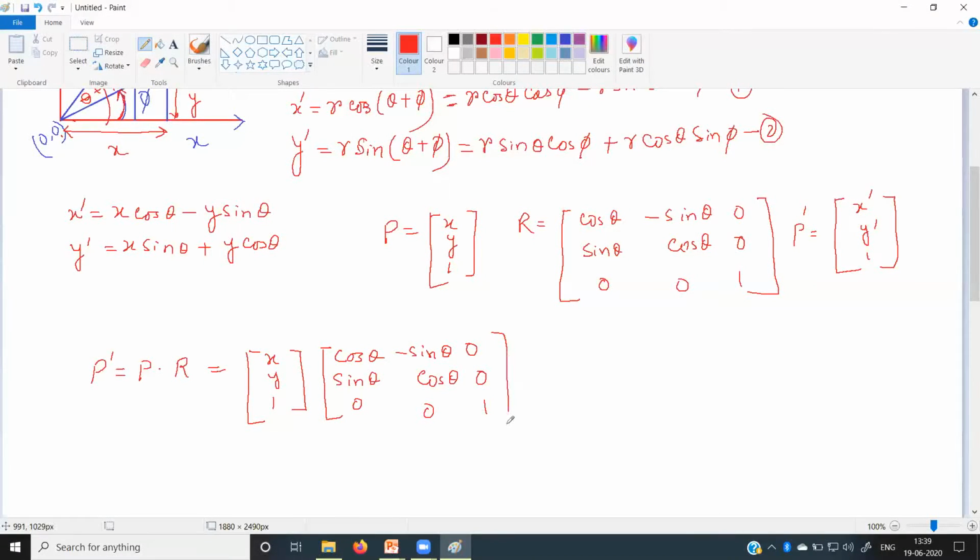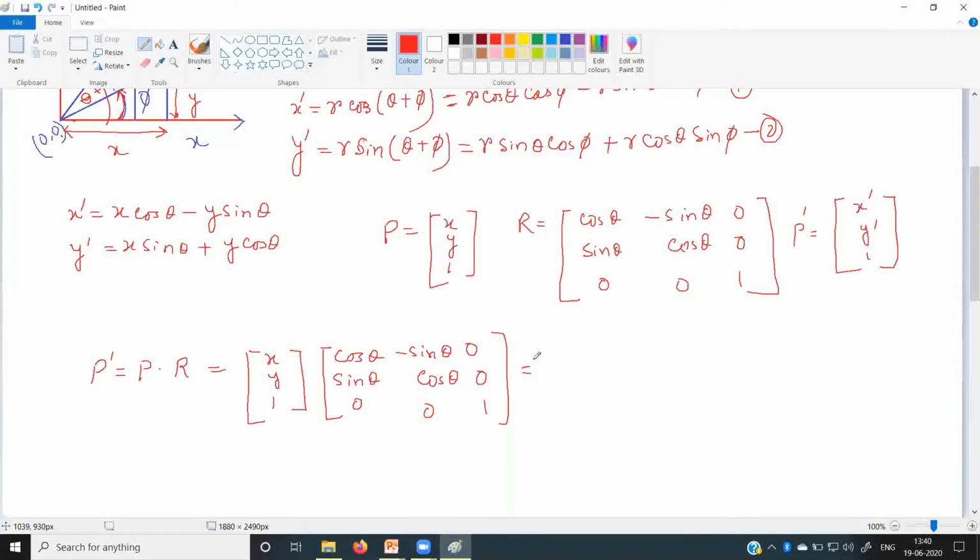Okay, so if you multiply it, it will be x cos theta, this one into this one, this one into this one, this one into this one. So it will be x cos theta minus y sin theta and 0. Clear?